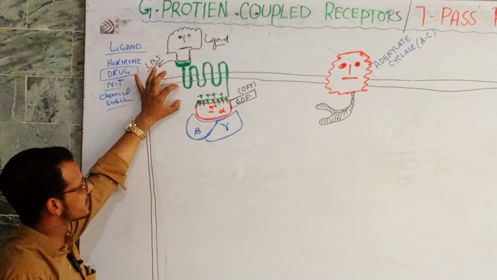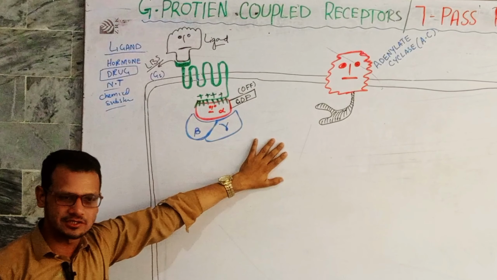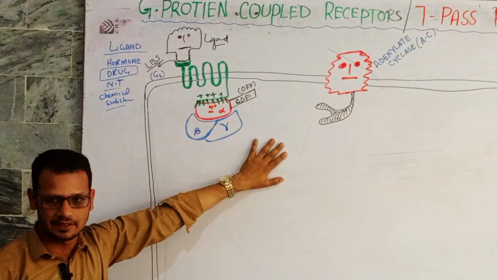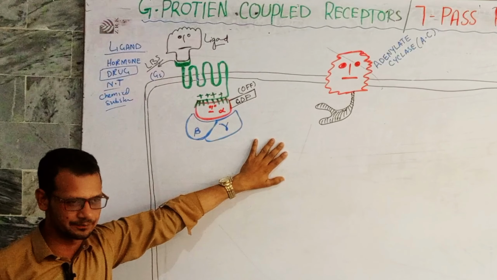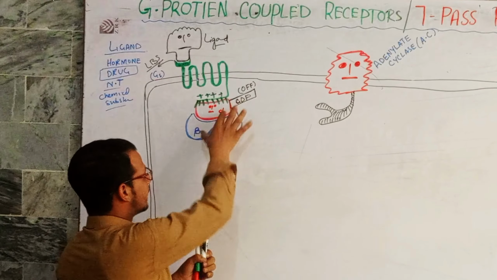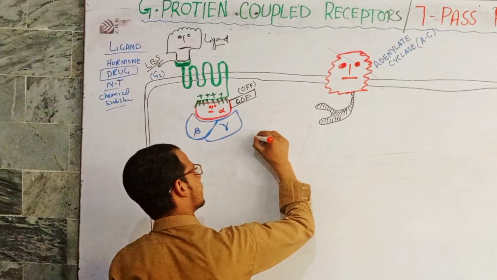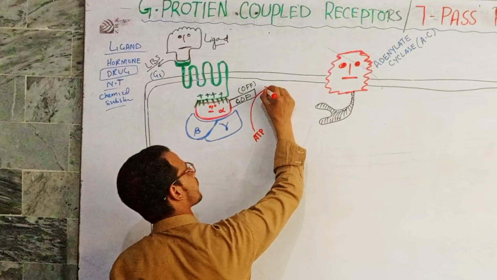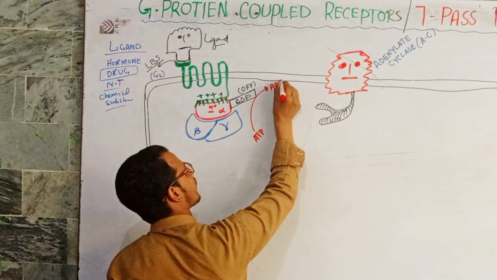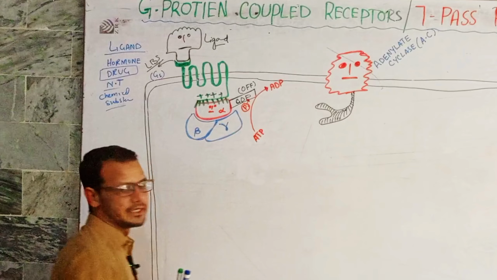When this receptor is activated, we know that ATP is present here in a very high amount, because the Krebs cycle is running in the cytoplasm, right? So by activation of this receptor, ATP is converted into ADP, and one inorganic phosphate reacts with GDP.